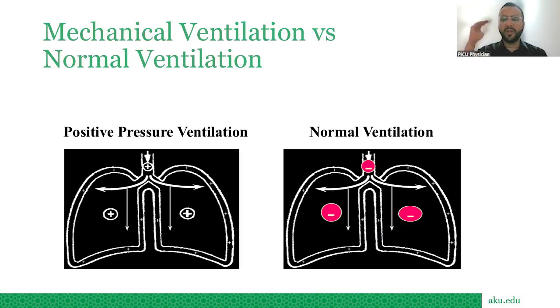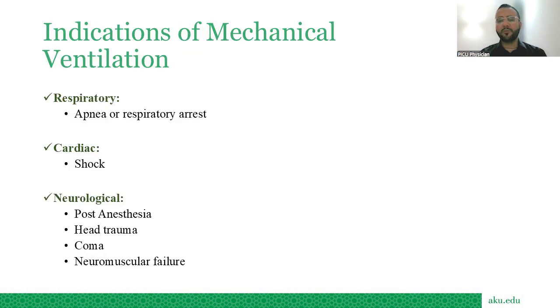So that is 12, and intrathoracic is zero. Through that gradient, the air moves through the circuit into the patient's lung. This is like pushing air into the lungs. This is called positive pressure ventilation. These days, almost all of the ventilators work on this principle of positive pressure ventilation.